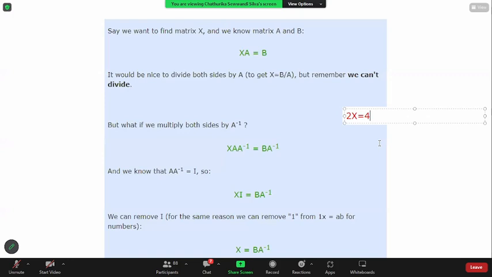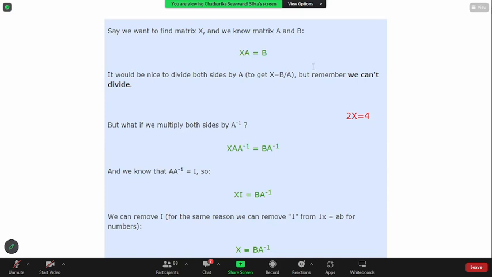This is the equation you have. In order to find X, what will you do? Take 4 divided by 2, right? To make X the subject, we do 4 divided by 2.